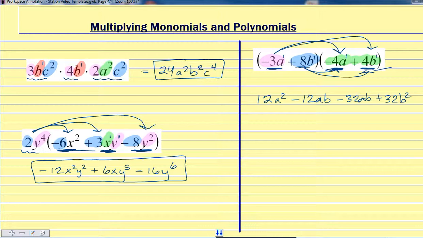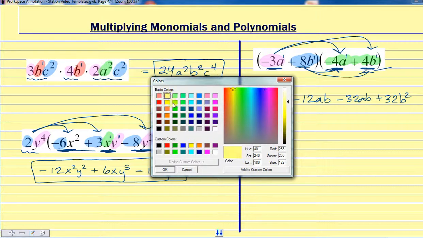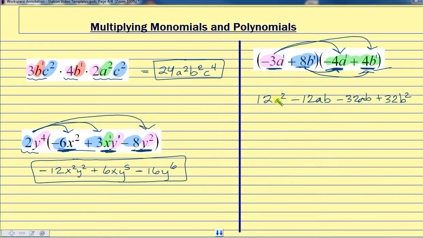Now we have to look for like terms. We've actually got like terms. A squared, there's no other a squareds, but negative 12ab and negative 32ab match, so we can put those together. And then 32b squared will be by itself.